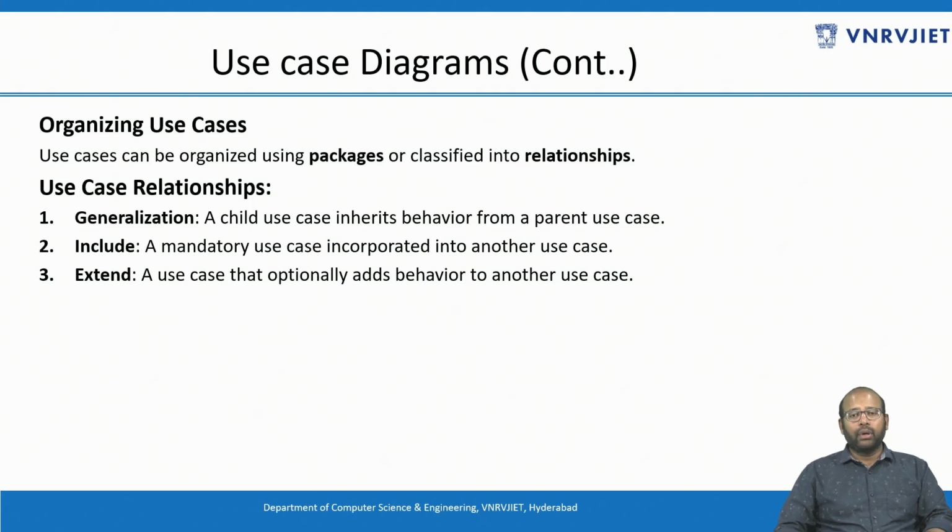And how do you organize these use cases? Generally, you can organize them with the help of a package, and you can also make relationships between these elements. You do that with the help of three things. One is the generalization relationship.